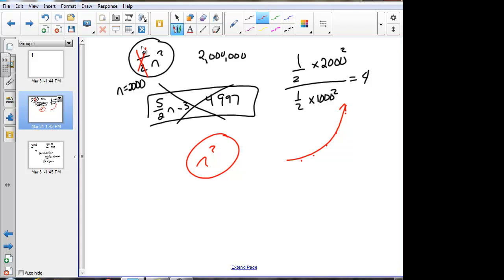To indicate this, we use what we call big O notation, and that is the number of visits. So the function would be f of n equals O of g of n.